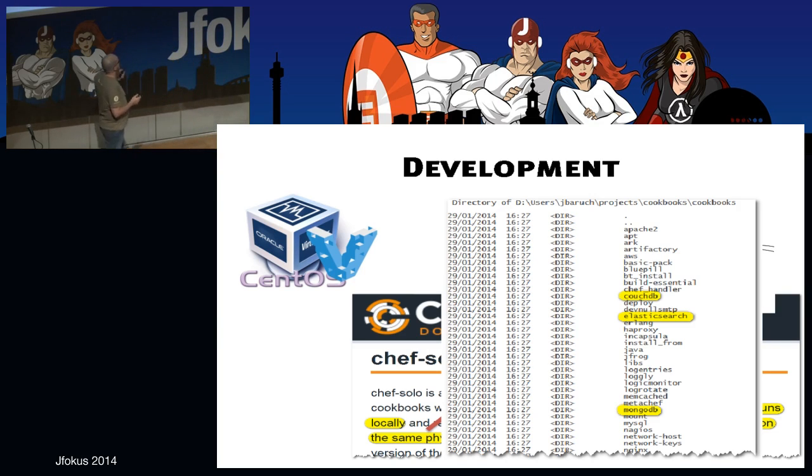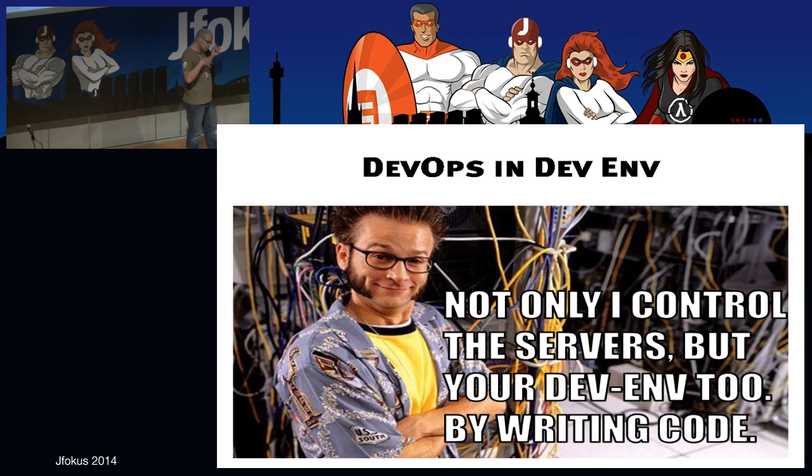So this is our example. You can see here all the needed cookbooks checked out on my machine. It's CouchDB, Elasticsearch, MongoDB, and Java, naturally, and all the rest. And this is actually kind of a mind switch, because now the DevOps who provision our developer machines are coming to our development environment.